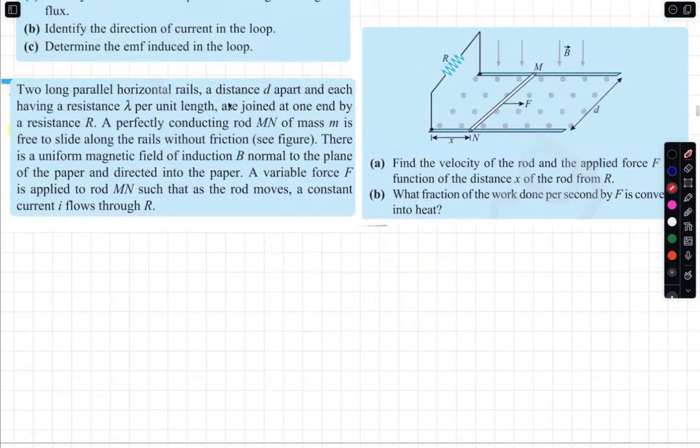Now here in this case, every element has some resistance. Now see, that circuit and this circuit is more or less the same. The only difference is here you have R resistance.